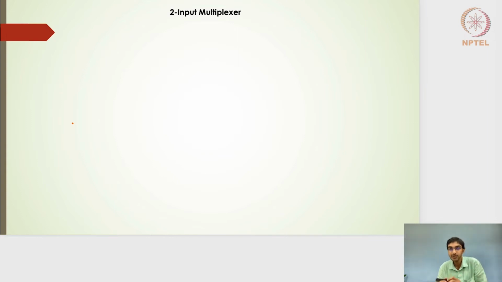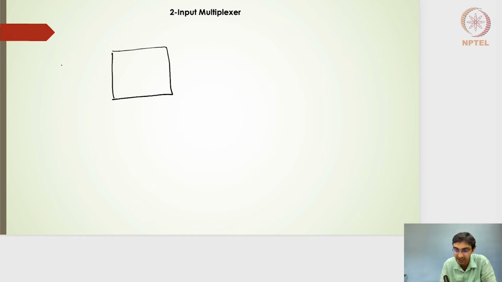But before going into the tri-state multiplexer, let's try to understand the multiplexer output logic expression. If I want to define the multiplexer, the basic multiplexer will be a 2:1 mux. I have A and B as inputs, and Y should be my output.